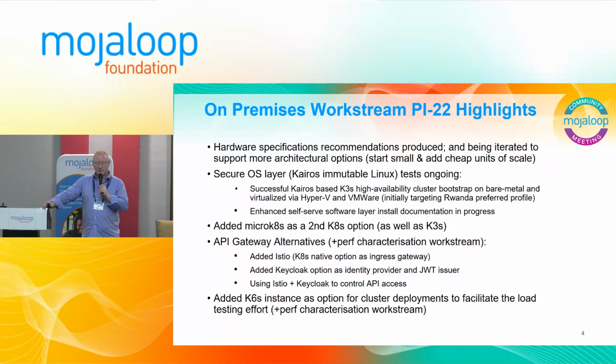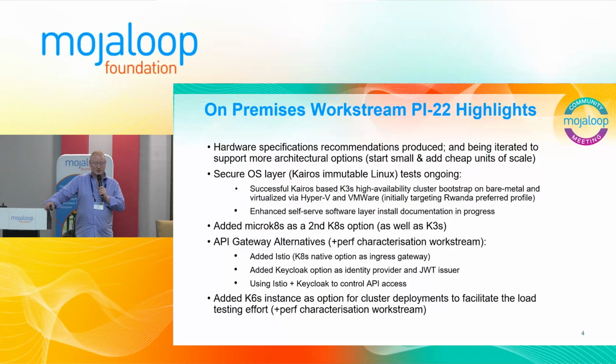So far, we've done some work with secure operating system layers based on the Kairos immutable Linux. Immutable operating systems are a relatively recent development in the world. The open source Kairos platform is one that we've targeted so far. That's not to say we won't look at others in the future, but it's relatively stable. Considering it's such a new technology, Kairos is one of the more stable.